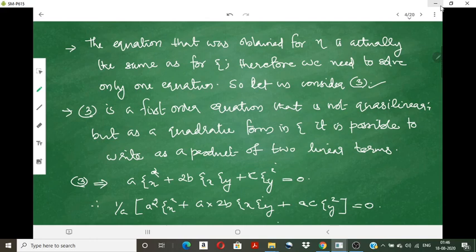Then we try to split the 2b of the second term.